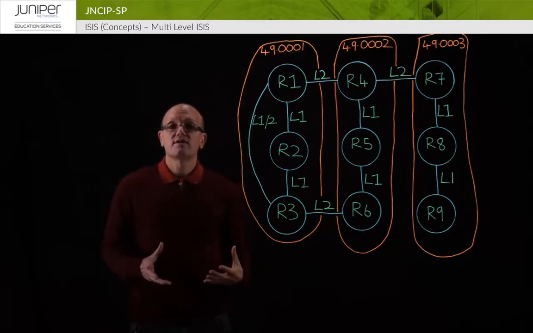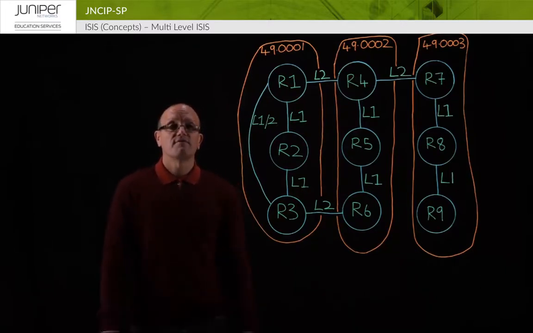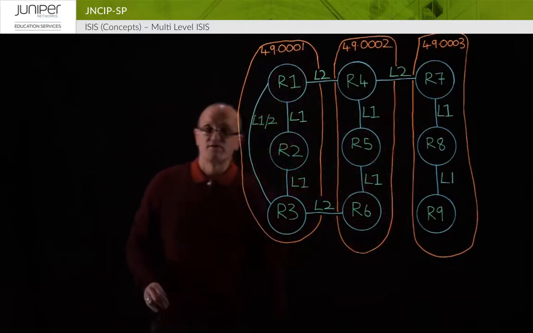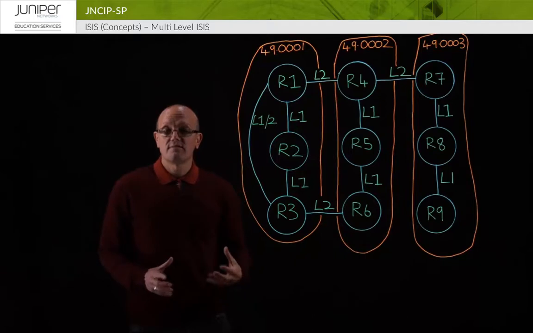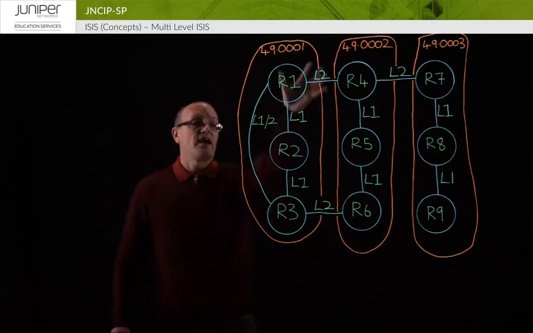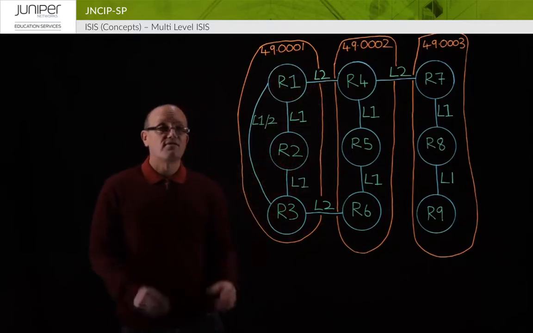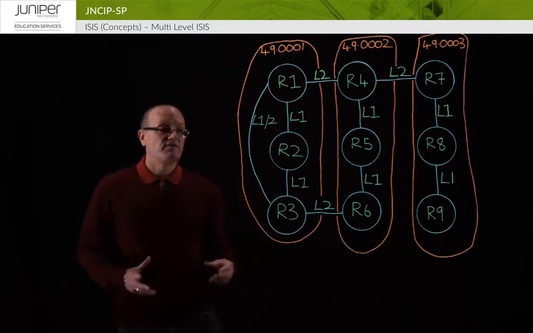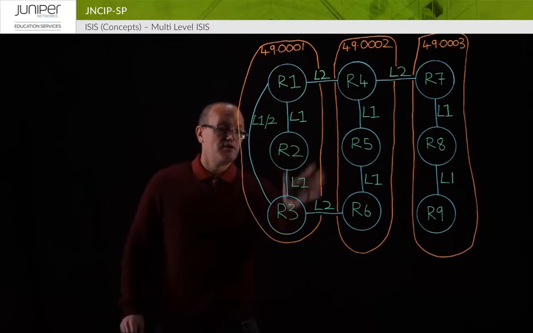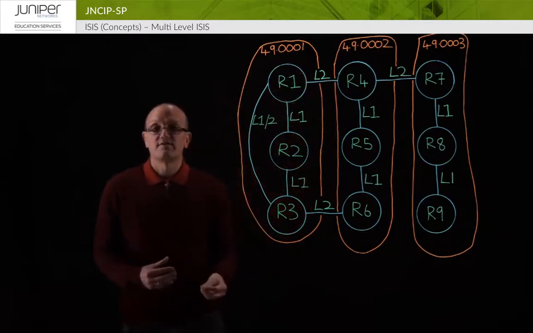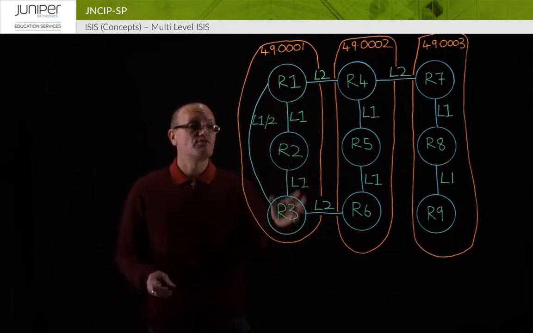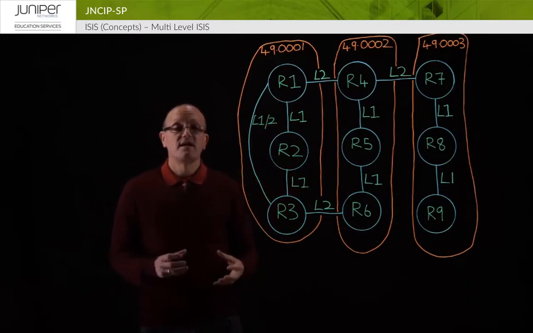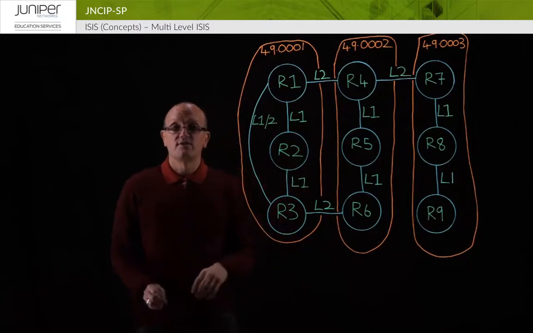And much like with hierarchical OSPF, the purpose of this design methodology is that we're restricting the amount of routing information that's contained within certain areas. So amongst level 1 speaking devices, amongst routers that have level 1 adjacencies, we're flooding level 1 link state PDUs.